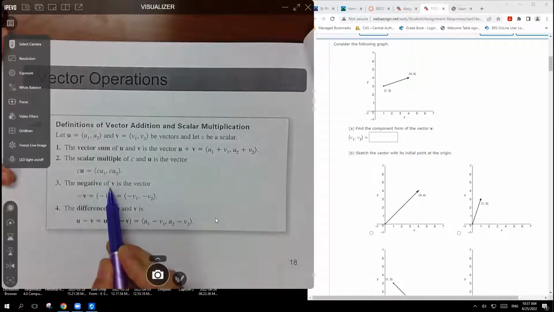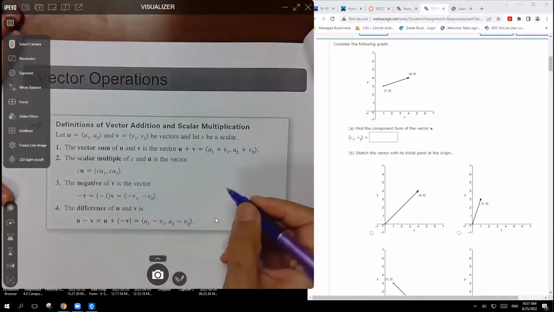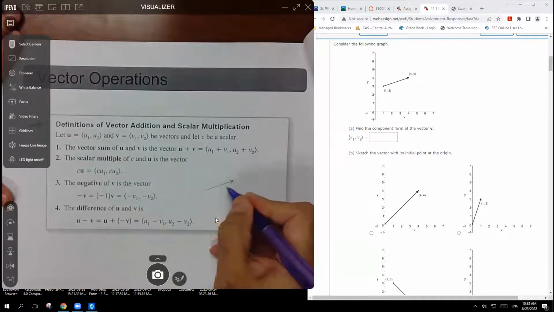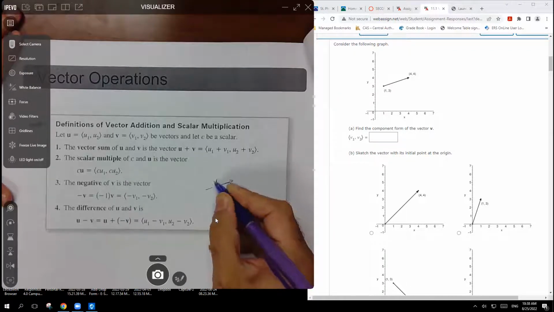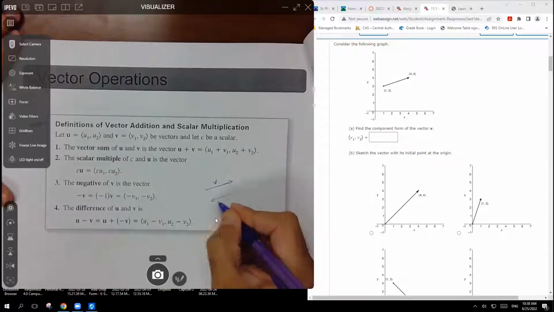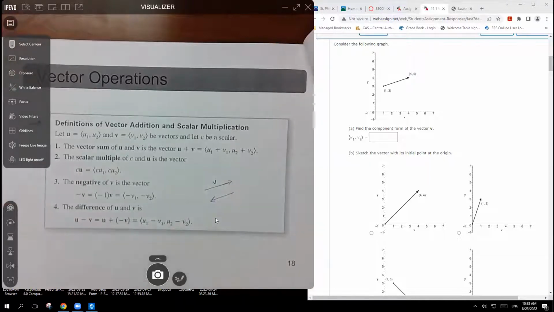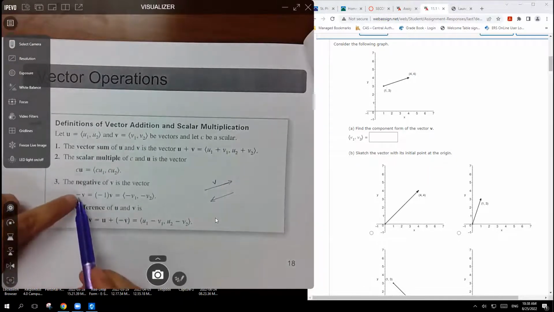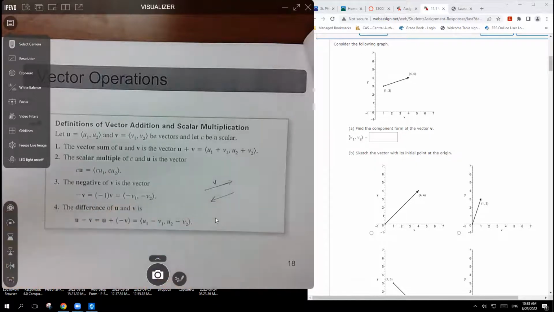The negative of vector V, here's the thing. What's the meaning of negative? If you have a vector in this direction, the negative of this vector is going to be in the opposite direction. Because the negative sign is going to go inside these two components, it switches the vector to the other direction.